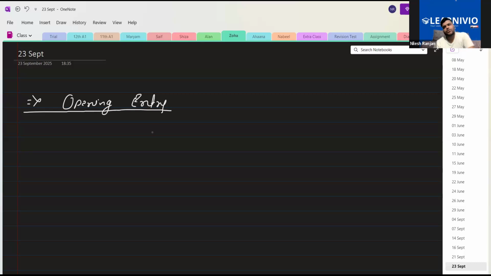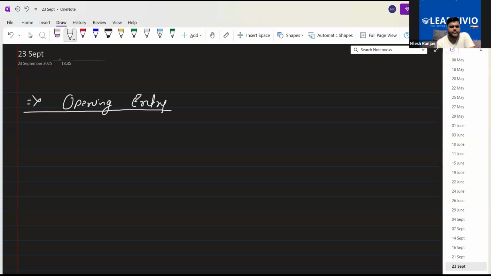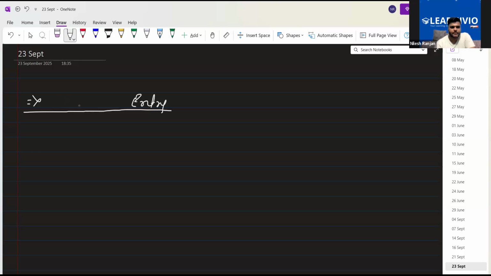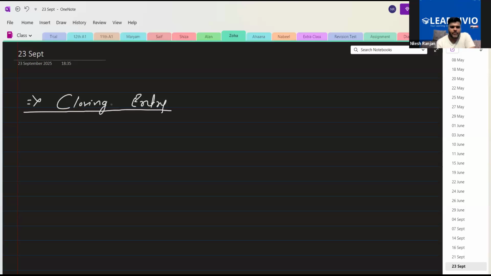Opening entry we have already done. Sorry, closing entry it is. Okay, so what does it mean by closing entry?